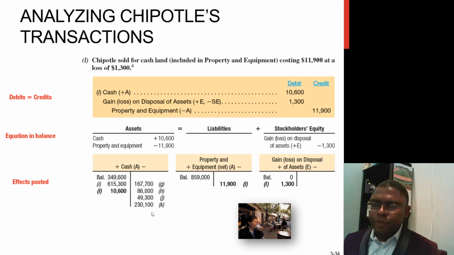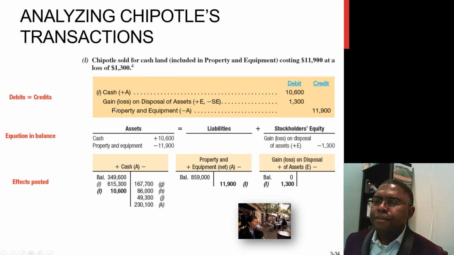All right, more examples. Chipotle sold for cash land, which is included in property and equipment. This land was recognized before as property and equipment. It cost 11,900 at a loss of 1,300. So three accounts are affected. There is cash, because they sold the land for cash, so cash is coming in. The cash account will be affected.